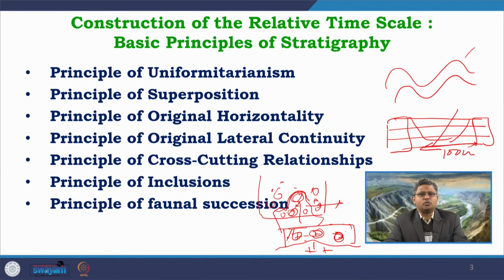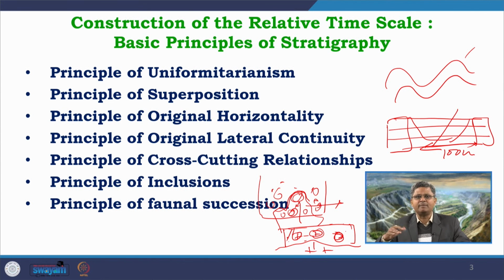And the last one, the principle of faunal succession. This is a very important principle which says that in a succession of strata, again undeformed strata, we commonly expect relatively less evolved older forms at the bottom and more evolved younger forms towards the top of the succession. So, this goes along with the principle of superposition, where we are saying older rocks at the bottom and younger rocks at the top.